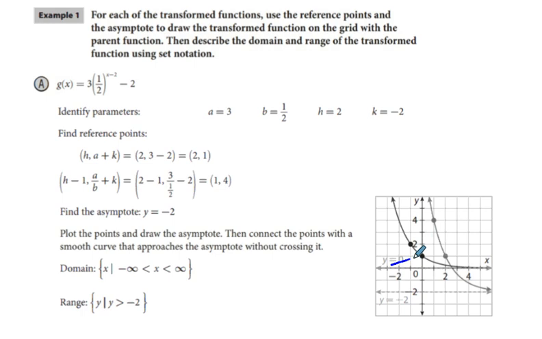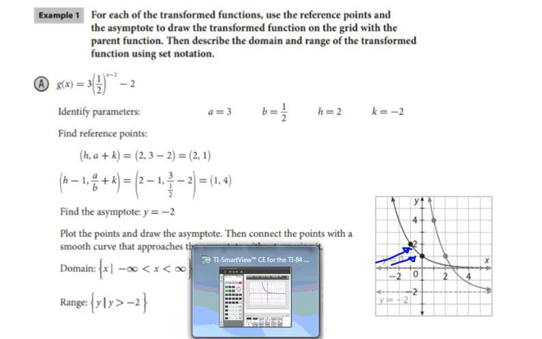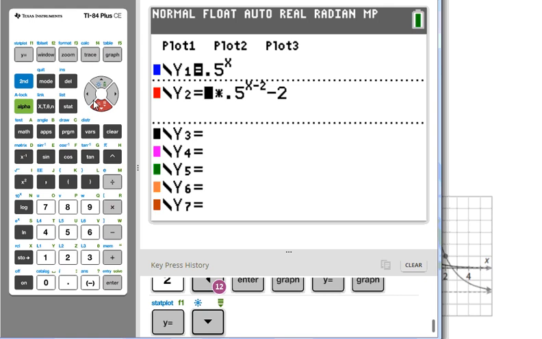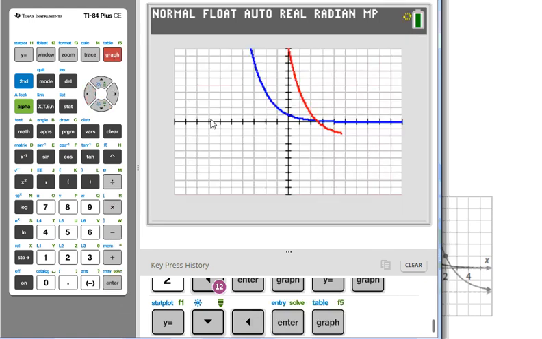Well, the drawing below shows you, and in the graphing calculator, this is what it looks like. Come down and turn on this function here, activate it. And there we see in red, the original reference point here goes 2 to the right, and the second one over here will go up here.